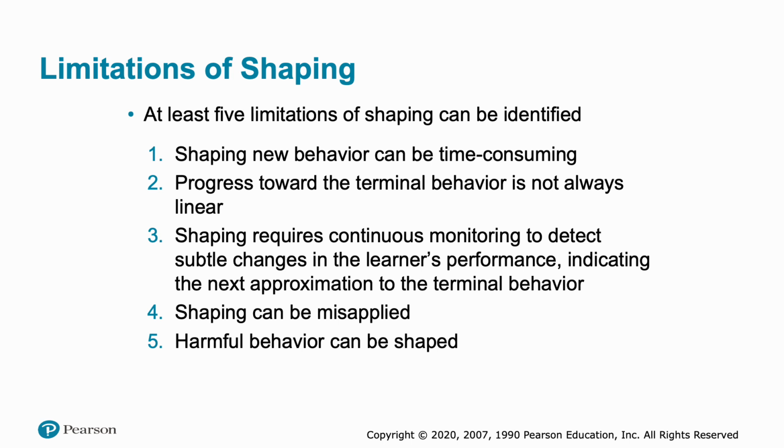And then lastly, another limitation of shaping is that harmful behaviors can be shaped. Like I just mentioned in those previous examples, that goes hand in hand. That's an example of harmful behavior being shaped. But also, I'm sure you've heard of people's concerns with video games and children not being exposed to video games at a young age.